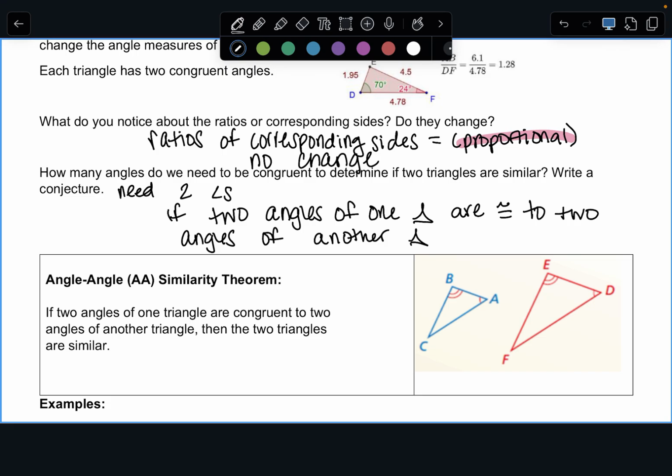Our green angles matched and our red angles matched. That's our 2 angles. And what we found was that the triangles were similar. So then the triangles are similar. And this is our symbol for similarity. It's just the squiggle. Okay? So, when you're asked to figure out if 2 triangles are similar, all you need to find is 2 angles that match. 2 from each triangle that match with the other one.